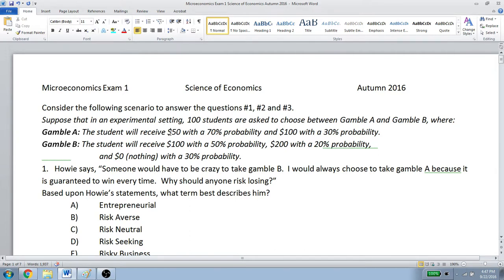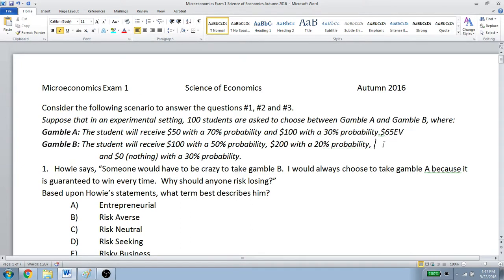So a 70% chance to win 50 is 35. And there's a 30% chance that you'll win $100. So that's worth $30. That has an expected value of $30. If you combine the 35 with the 30, then you get a $65 value for the expected value of that prize.